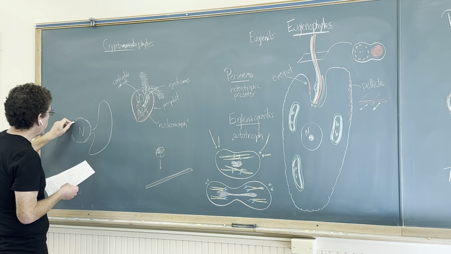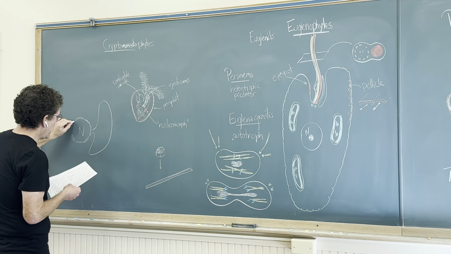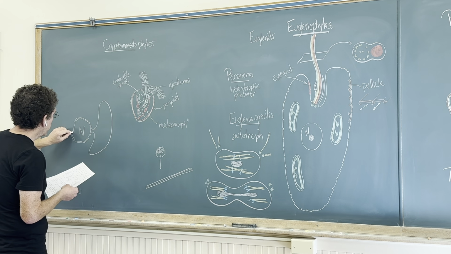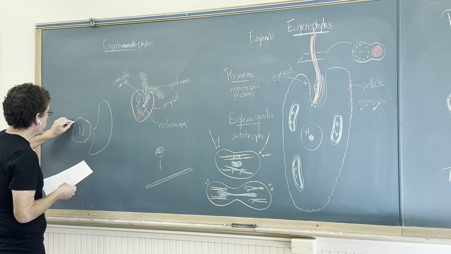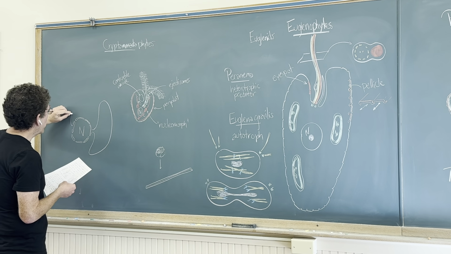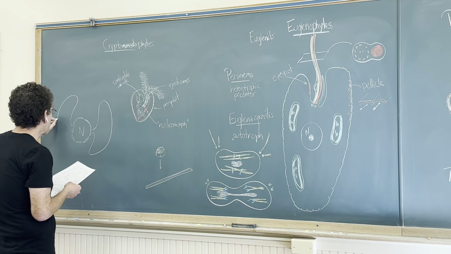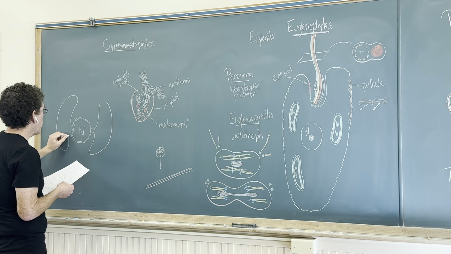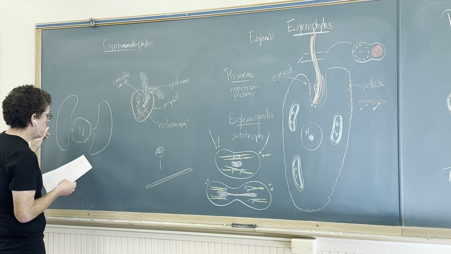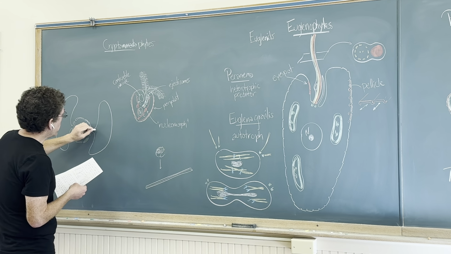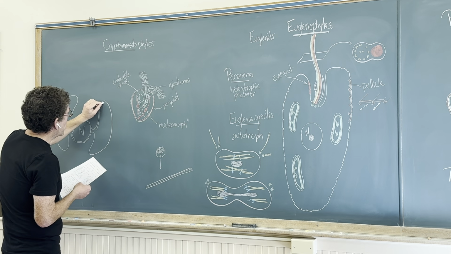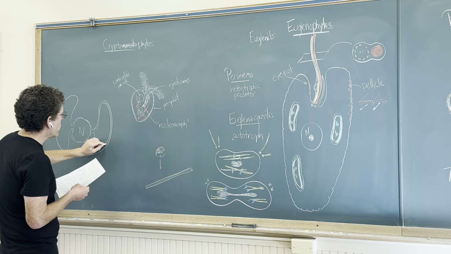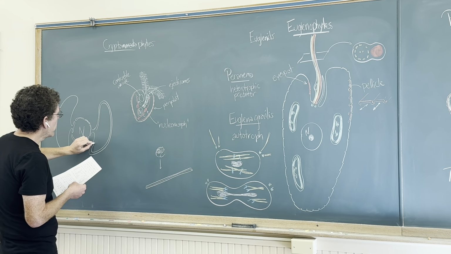So in a way, you could think of the nuclear membrane simply as a special compartment of the endoplasmic reticulum, or you could think of the endoplasmic reticulum as an extension of the nuclear membrane. Whatever. It doesn't really mean anything to say it either way. They have distinct functional roles.